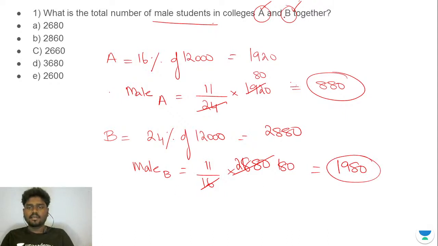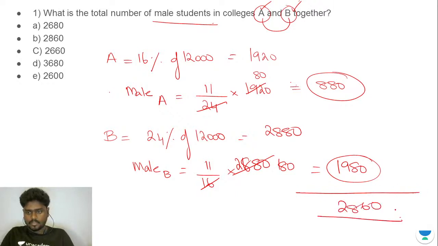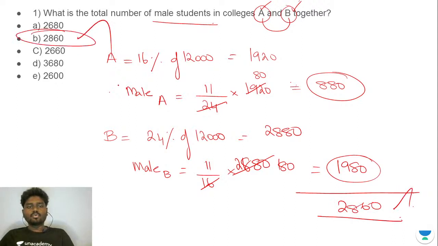What they're asking is the sum of the male students in college A and college B. So if you add 1,980 plus 880, this gives you 2,860. So the answer is undoubtedly option B. 2,860 is exactly the total number of male students in college A and B together.